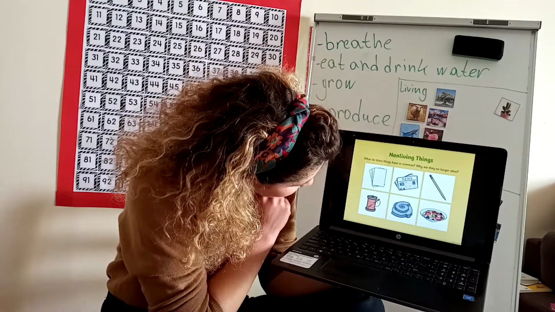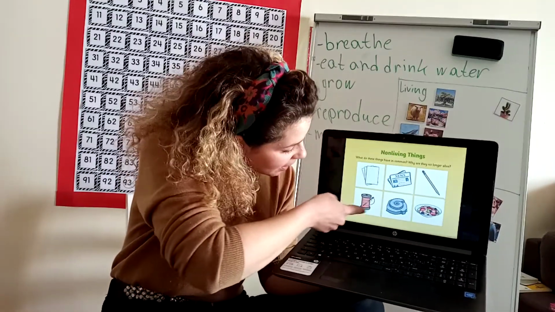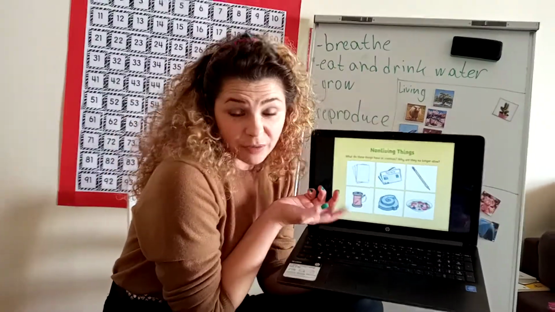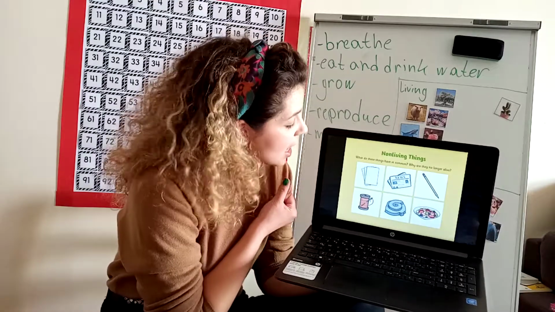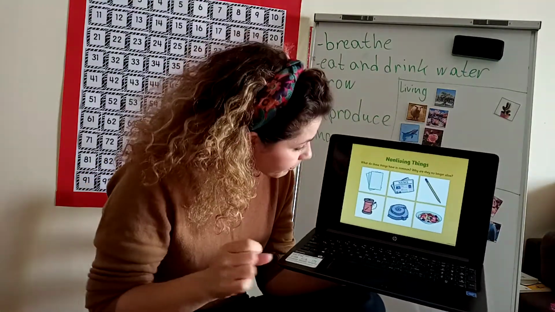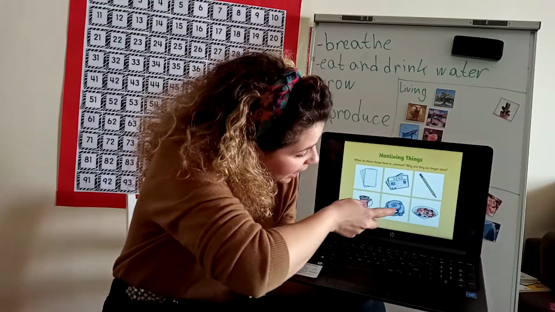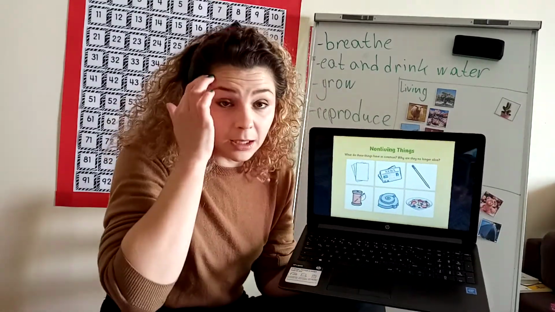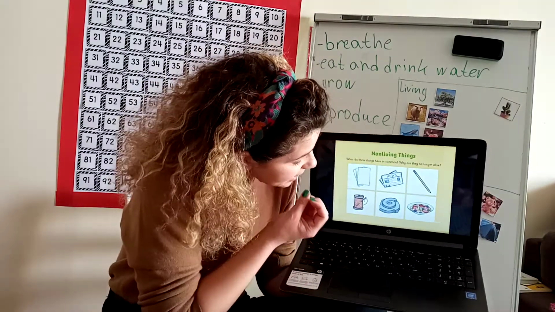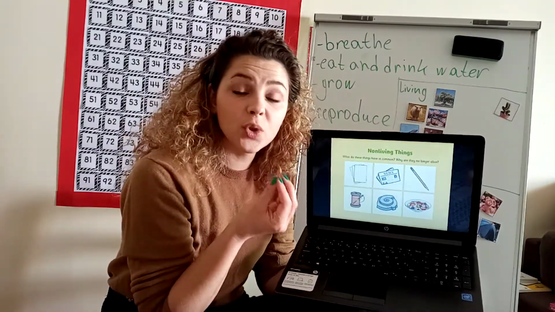Then we have here this thread. Now, if this thread is maybe made out of silk, if it's a silken thread, that silk comes from a little bug, so it used to be living. And this is a fossil, so it's something that used to be alive, but it's now turned into a rock.